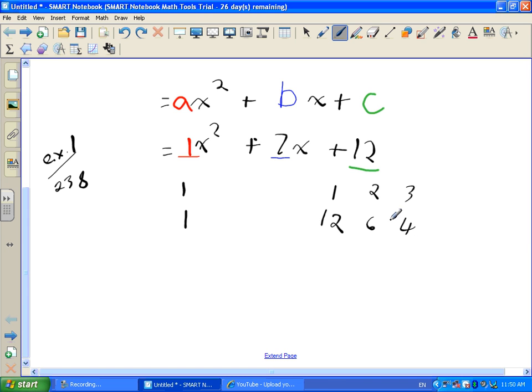Those are all the factors of 12. We're going to line them up like that because what we're going to do is set up something, and we need these factors. We're going to multiply them to get some products over here, and those products need to add up to our b, which is positive 7. Okay?